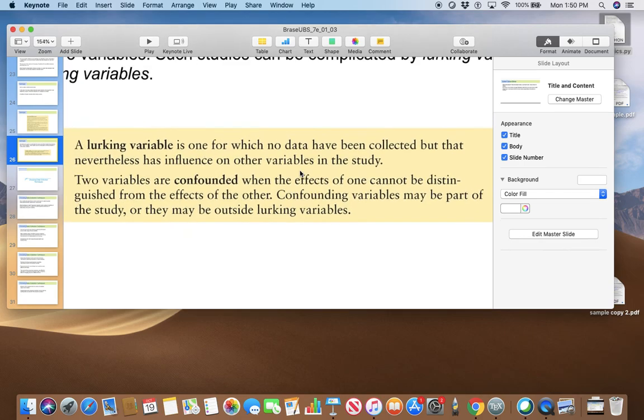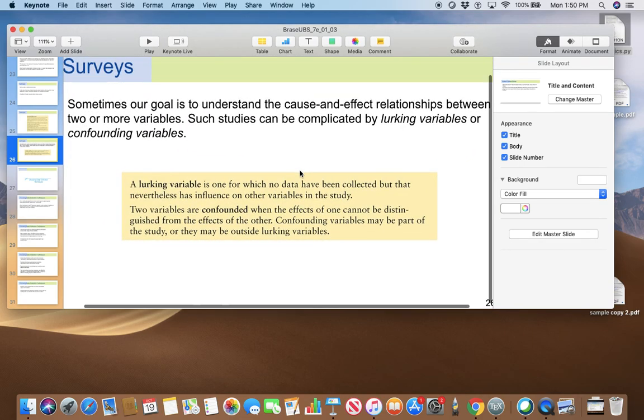Then there are times when our goal is to understand the cause and effect relationship between two or more variables. Suppose you are looking at two different variables. So you are worrying about the effect of medicine and then the effect of air conditioning.